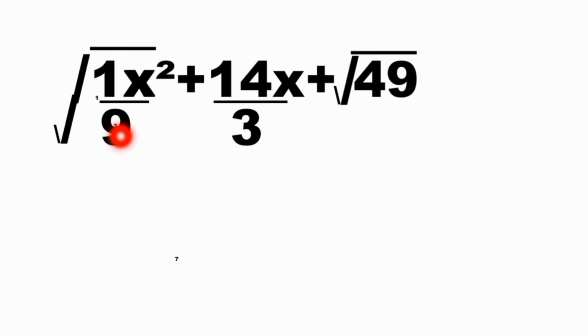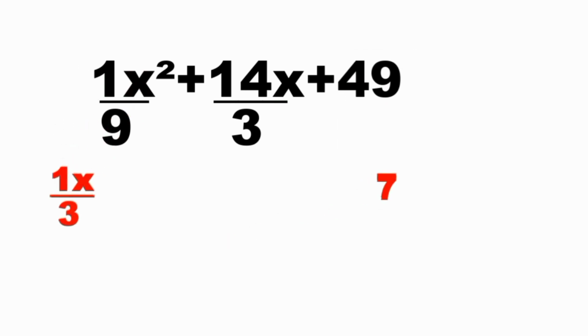The square root of 1x squared over 9 is 1x over 3, and the square root of 49 is 7.